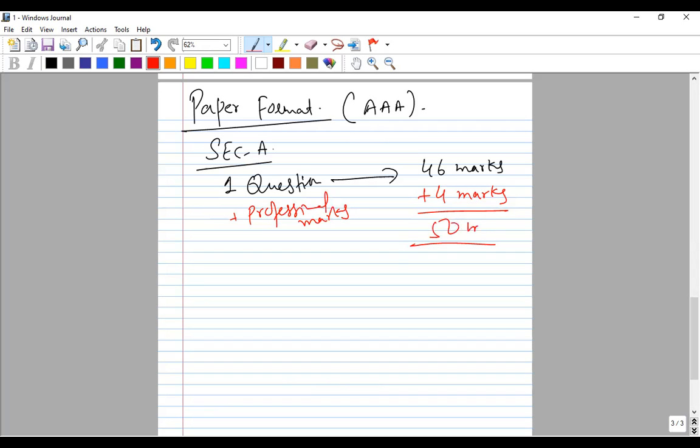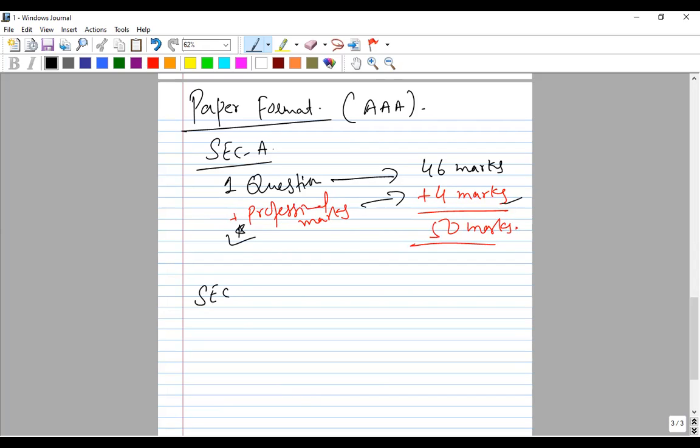Now that becomes 50 marks. What is professional marks? The nature of question one is that you receive an email and you have to respond to it accordingly. So you should be able to draft your answer in a responding position, and it includes 4 marks for the drafting style and the responding requirement.